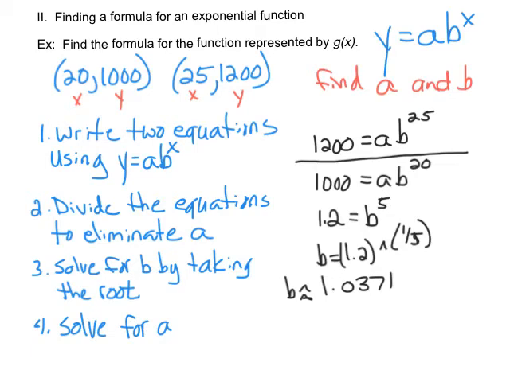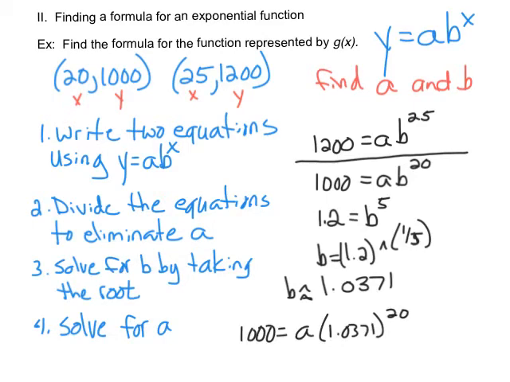Let's say I take this one here, 1000 is equal to a times 1.0371 raised to the 20th. That's just a number.